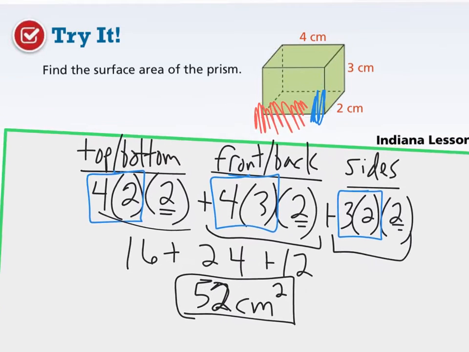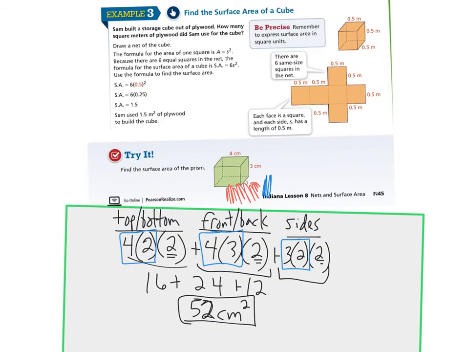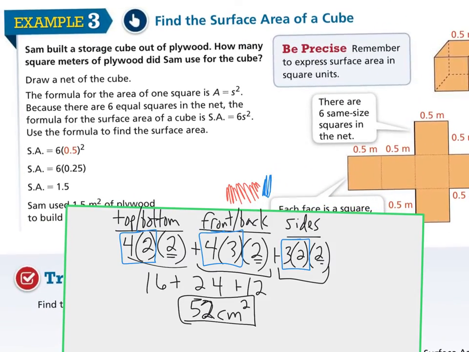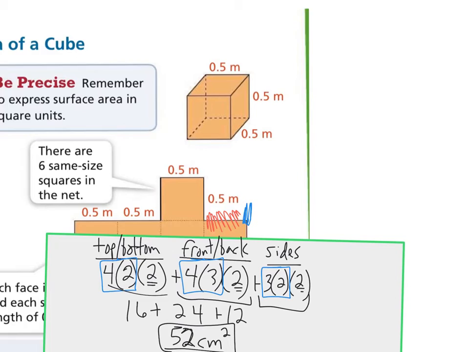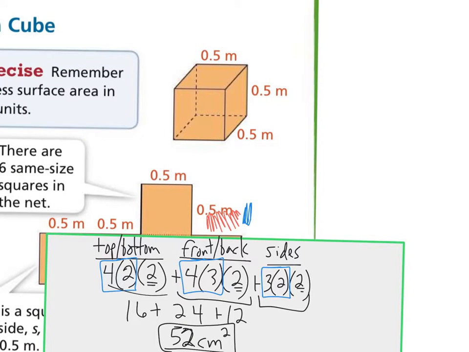Alright, so if we go back to example 3, they're talking about a cube, literally a cube, where all the sides are exactly the same. So in this case, we actually have 6 faces that are all identical. So the area of one of these, whichever one we want, would be 5/10 times 5/10.